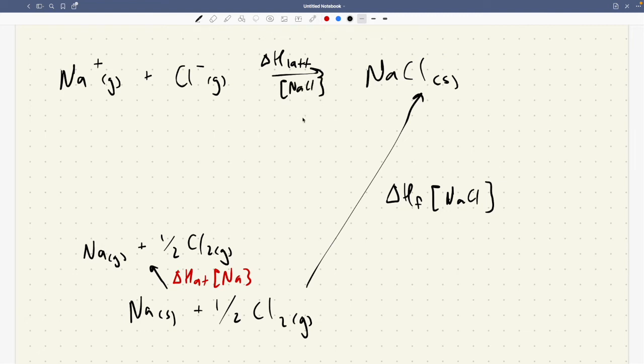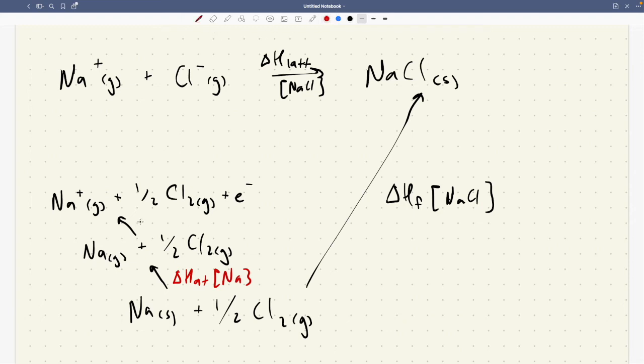So where do we go from here? Let's look at ionizing. Now let's go from the sodium atom to the sodium ion. So we're going to end up with that. We haven't changed our chlorine. And we've ionized, so we've also got an electron. This will be the electron that the chlorine eventually accepts to make an anion.